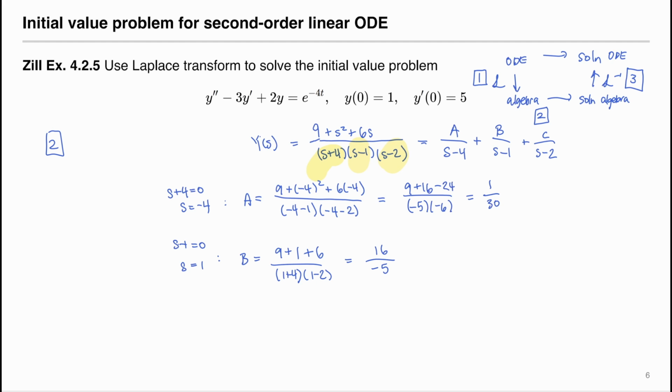Then cover up the third term, we want s minus 2 equals to 0, so s is 2. C equals 9 plus 2 squared plus 6 times 2, divided by, first and second term survive, so 2 plus 4, 2 minus 1. 9 plus 4 plus 12 divided by 6, that gives us 25 divided by 6.